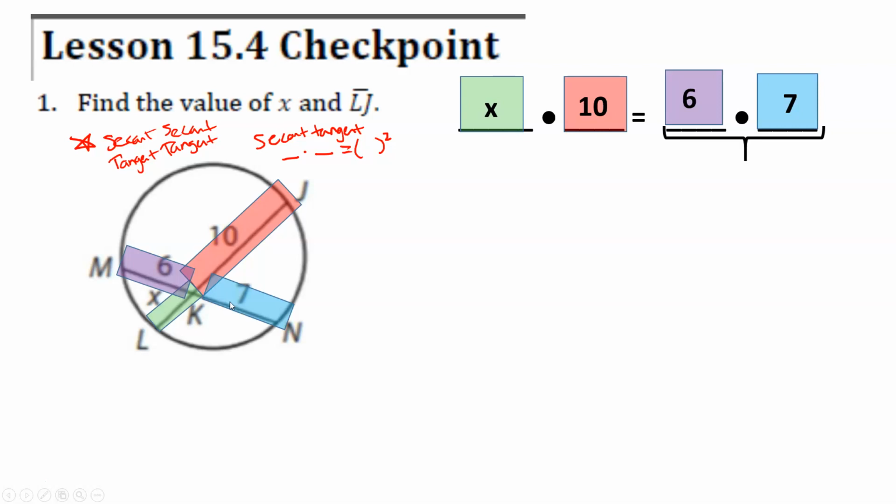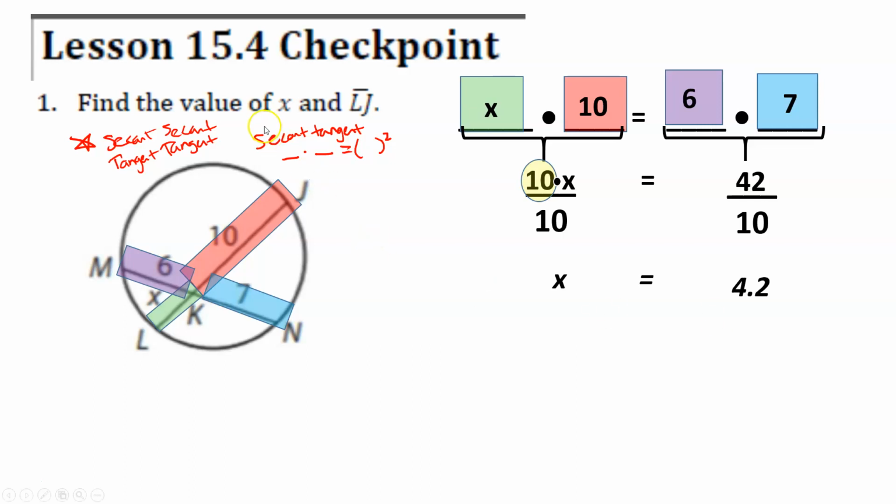So let's go ahead and work that out. Pause and see if you can work this out. Unpause. 6 times 7 is 42. 10 times x is just 10x. What's the opposite of multiplying? Dividing. So let's divide both sides by 10, and x equals 4.2.